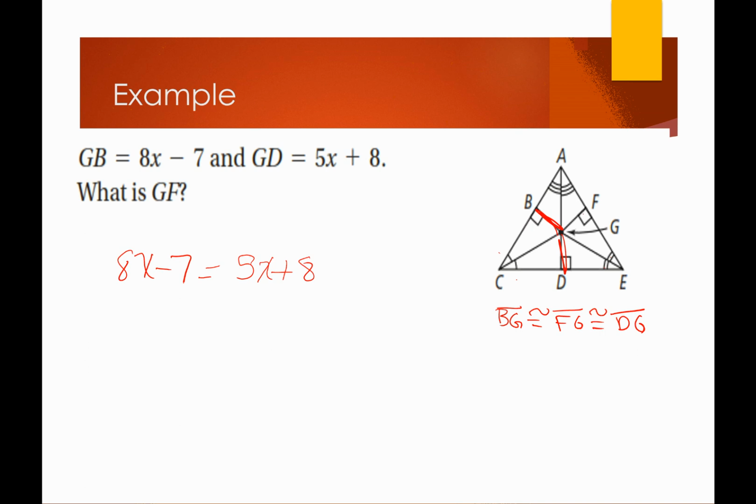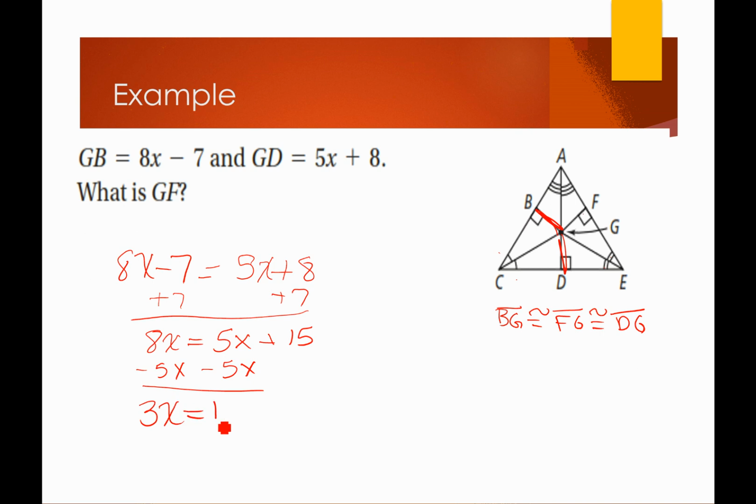So I can solve my equation, add 7 to both sides. I'm going to get 8x equals 5x plus 15. If I subtract 5x from both sides, I'm going to get 3x equals 15. If I divide by 3, x equals 5.